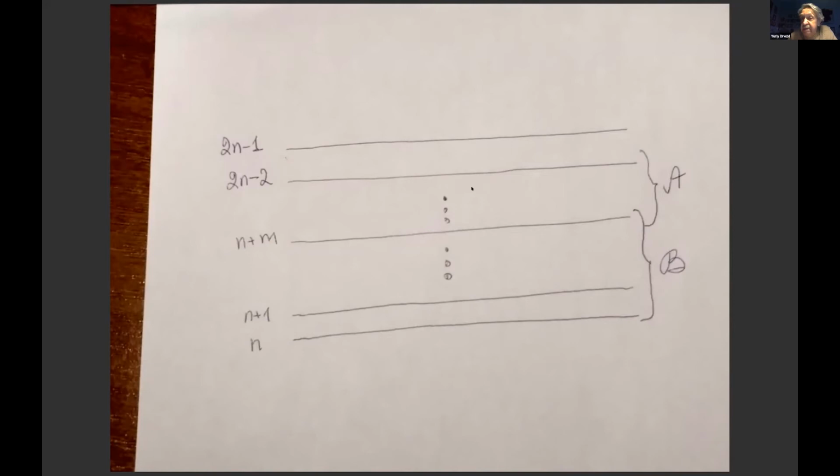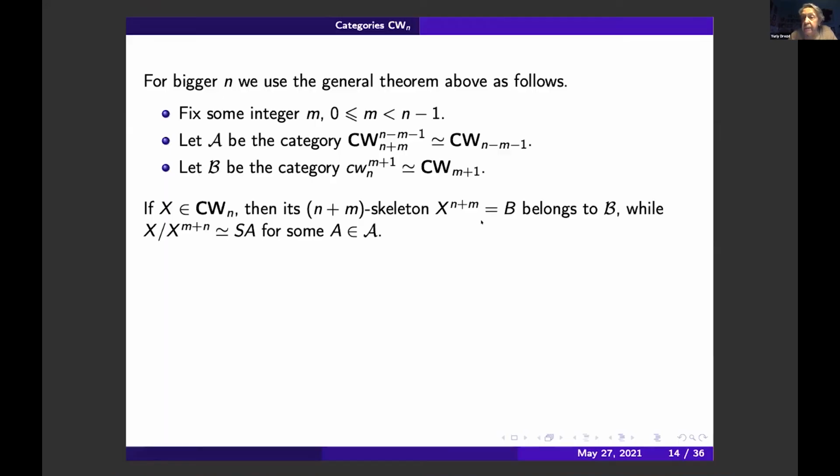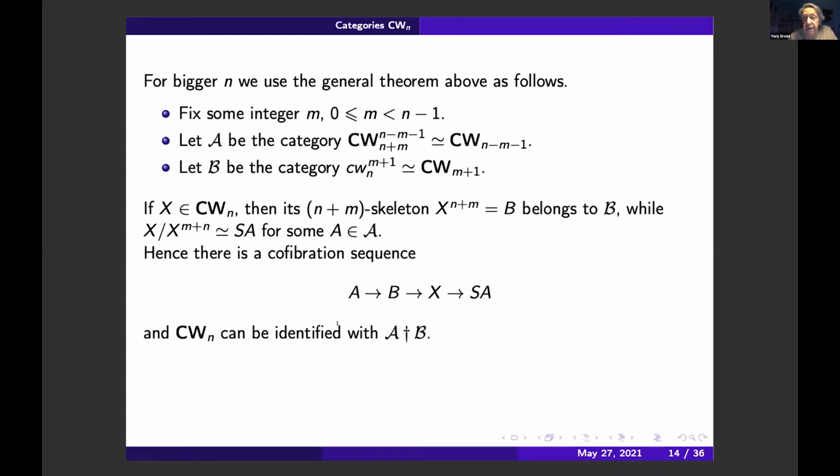So it is a suspension of some object from A. Hence, there is a cofibration sequence like this. And it means that we can identify our category with the gluing of A and B, with this A cross B.